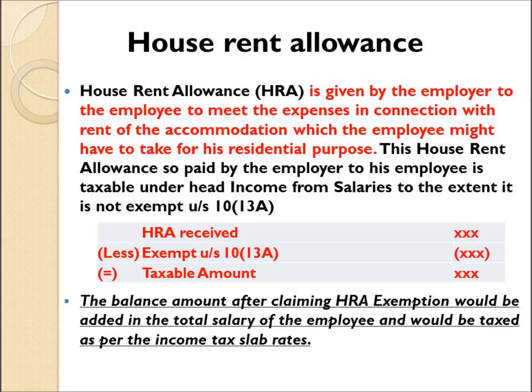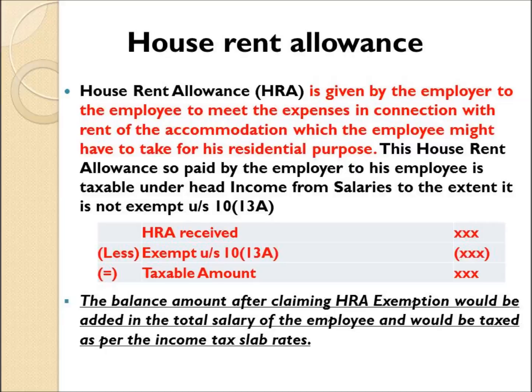So HRA is an allowance which is given by the employer to the employee to meet the expenses in connection with the rent of the accommodation which the employee might have to take for his residential purpose.